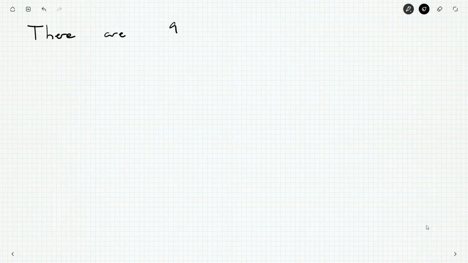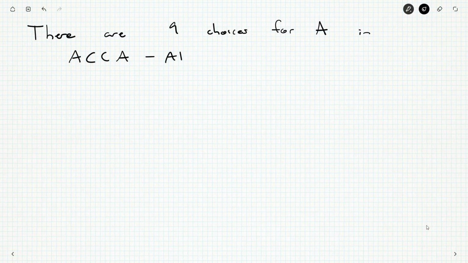There are 9 choices for A in the ACCA minus ABBA case. So this is just a counting problem again.